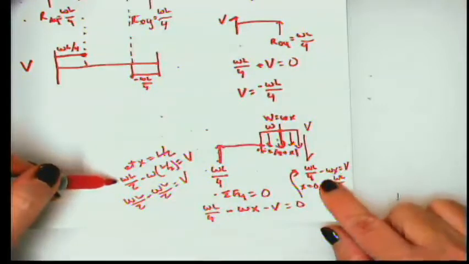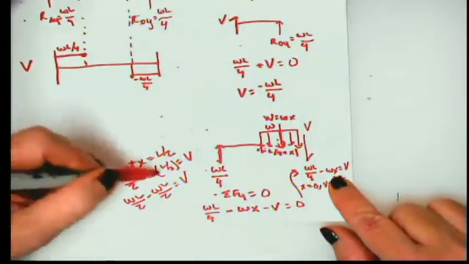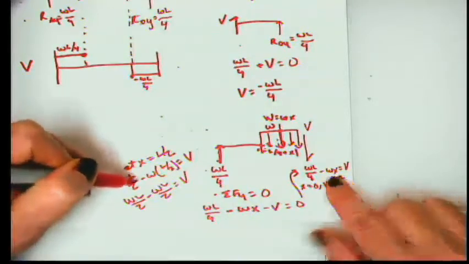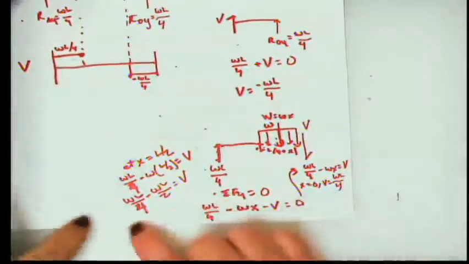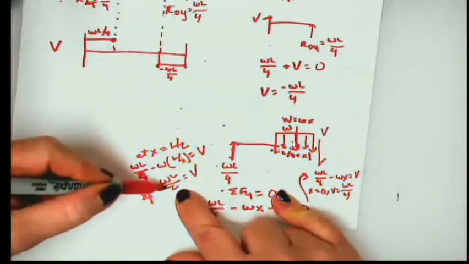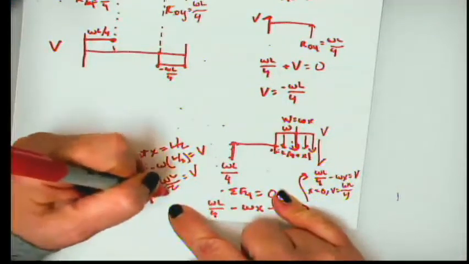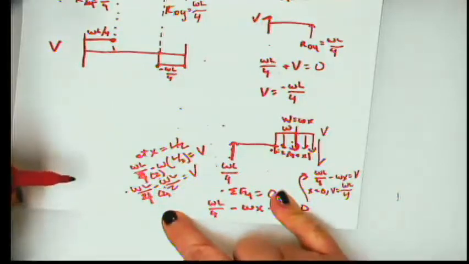I've got a sign wrong here. Oh, this is 4. This is WL over 4. There we go. Sorry about that. I drew it right here, but I drew it wrong here. So I have W at the end of that load curve. Then I have WL over 2, get a common denominator. So I get WL minus 2WL over 4.